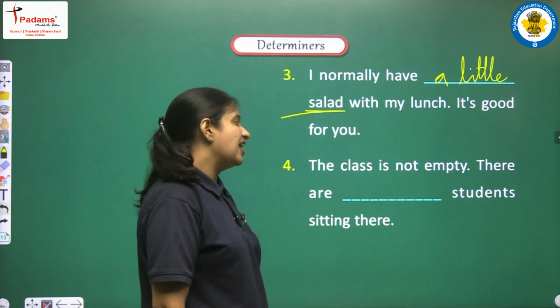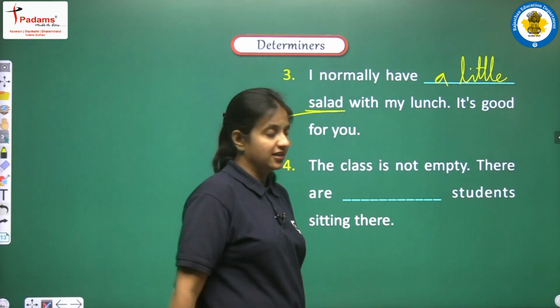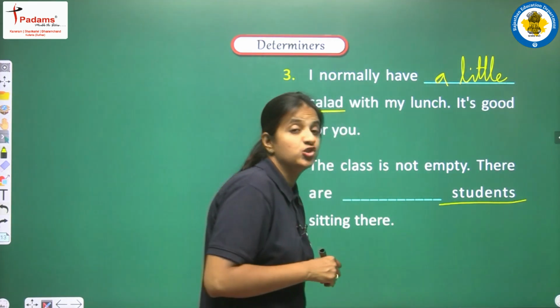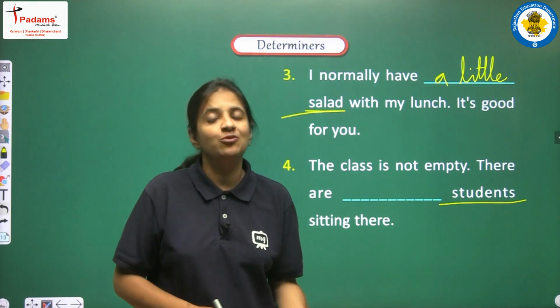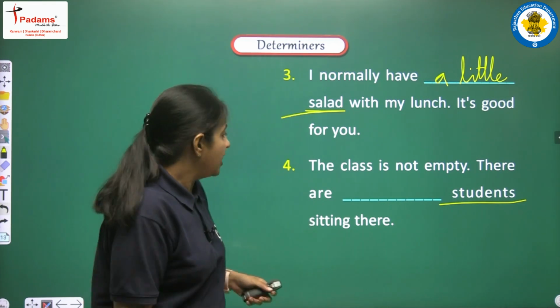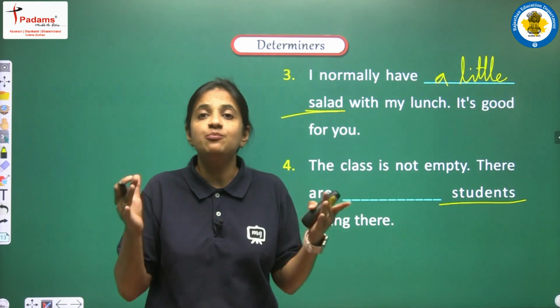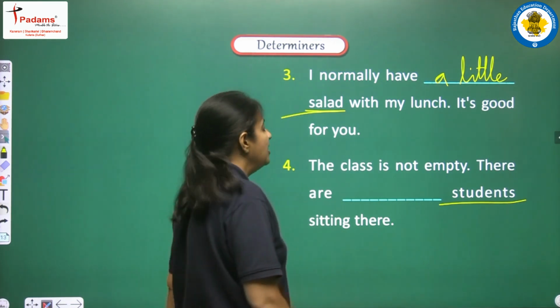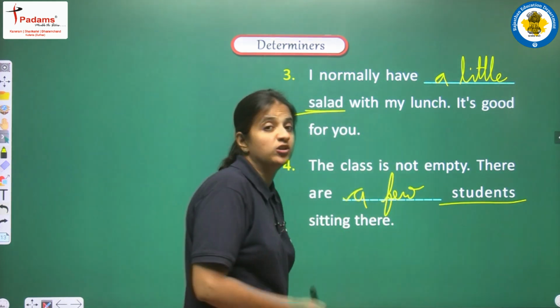Next: the class is not empty. There are students sitting there. First of all, students is the noun, and we all know students is a countable noun. So for a countable noun, we have to go to the few family. After reading the sentence, it is clear that again we are trying to show some positive number of students, and for that we have to use a few, which is a positive word.